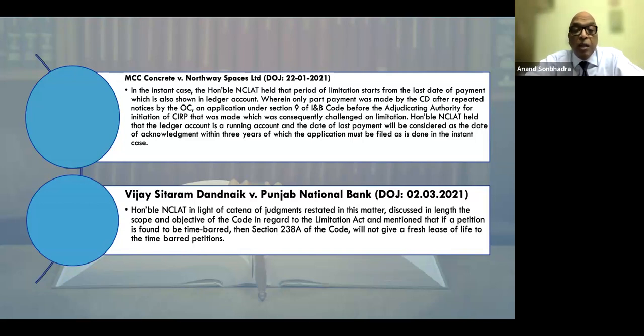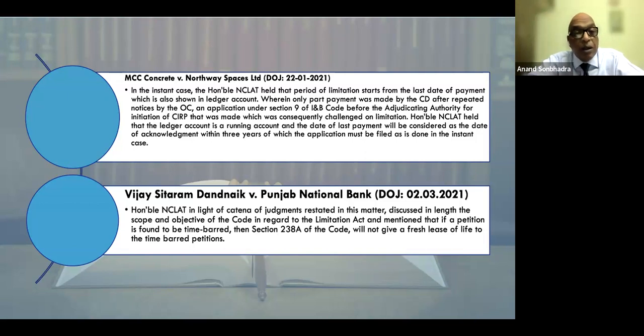Another case, Vijay Sitaram Dandanayak versus Punjab National Bank. Honorable NCLAT, in light of a catena of judgments restated in this matter, discussed at length the scope and objective of the Code in regard to the Limitation Act, and mentioned that if a petition is found to be time barred, then Section 238 of the Code will not give a fresh lease of life to the time barred petition.